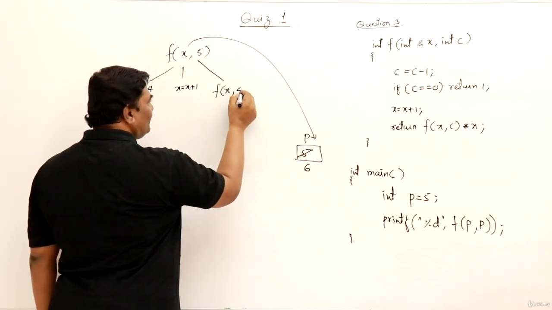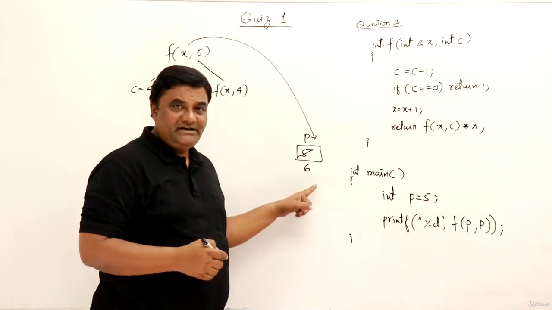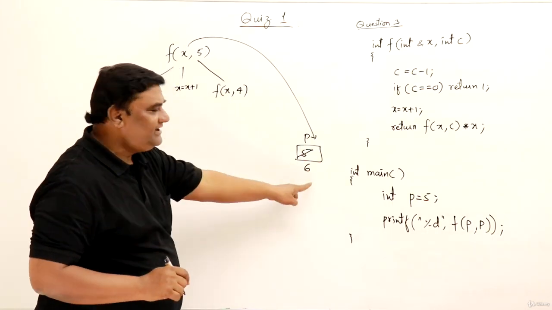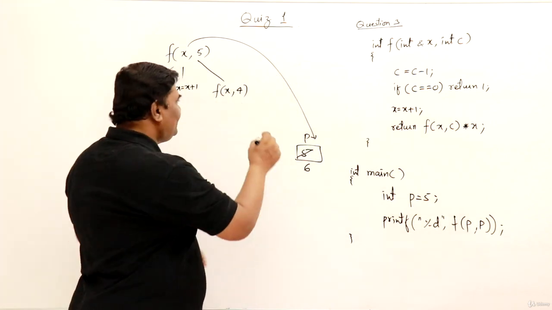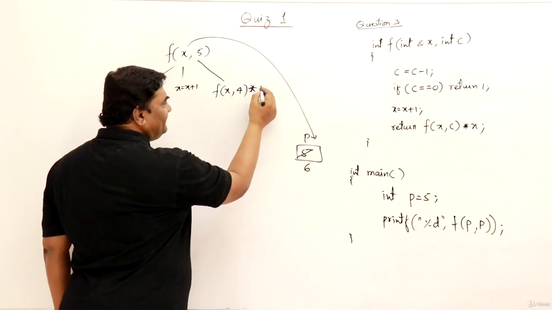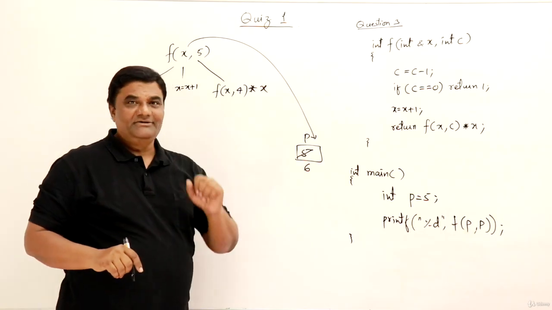c is what? 4. Then why am I writing x? Because that x is nothing but a reference to this p. Every time when I say x, I will come here. Okay. Then x multiplication is there. So I will keep it as it is. I will not take the value and multiply because it will not be multiplied right now. When the multiplication will be done, at returning time it will be done.